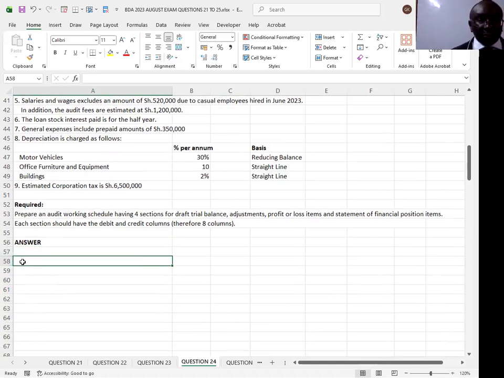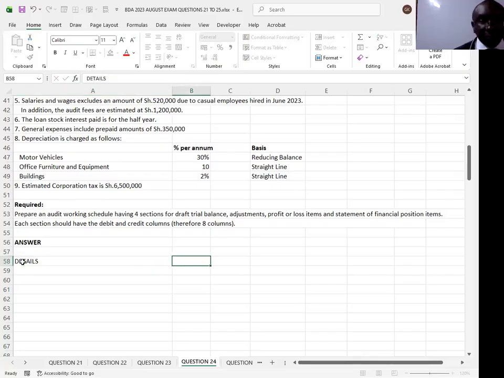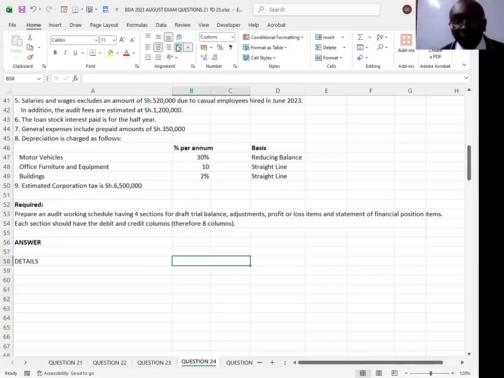Skip one line. We have details. So I get 2 of them here. I merge so that I will have the draft trial balance.